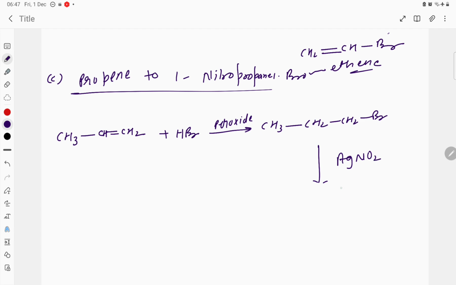Avoid KNO2, student, otherwise nitrite will come. So it will give CH3CH2CH2NO2, 1, 2, 3, 1-nitropropane. This is 1-nitropropane.